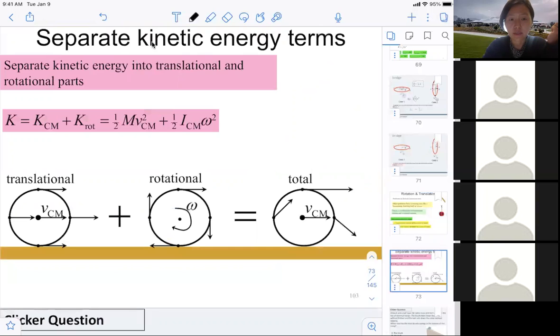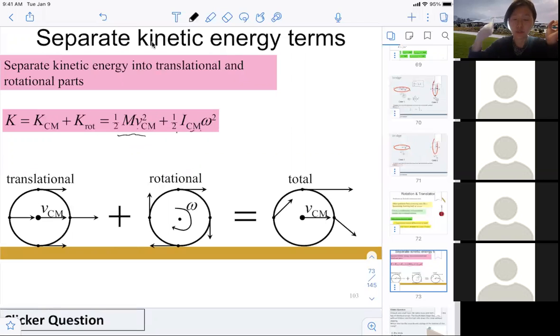If you look at the translational part, it's simply the kinetic energy of your center of the mass moving, 1/2 mv squared, right? This is what we are familiar with. So use the velocity of the center of the mass.